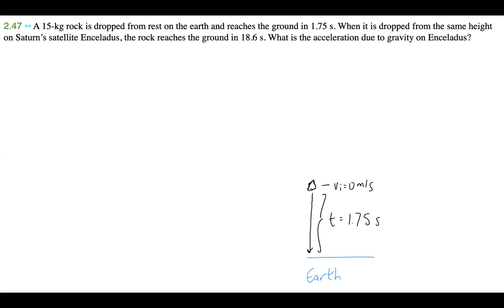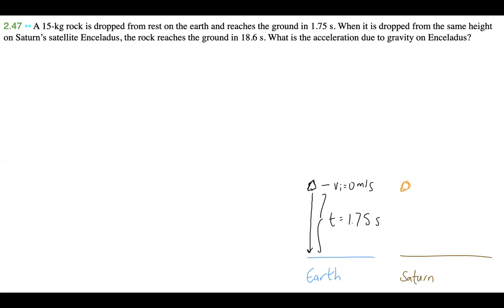When it's dropped from the same height on Saturn's satellite Enceladus, now let's do Saturn. I know Saturn has rings, and I'm going to use brown, and make the rock orange. It's the same rock. Let's pretend Enceladus is brown and orange, but the colors don't matter.